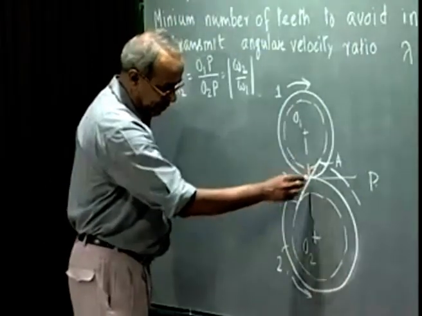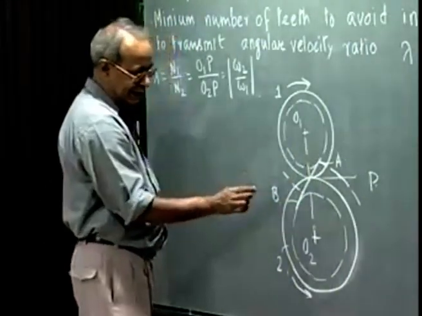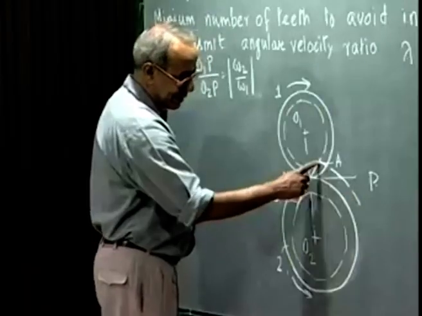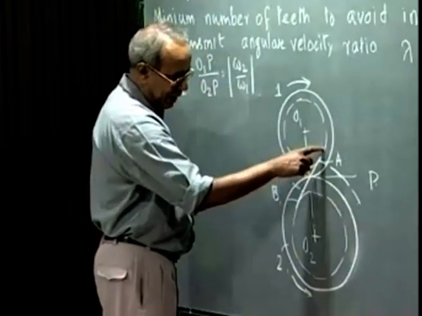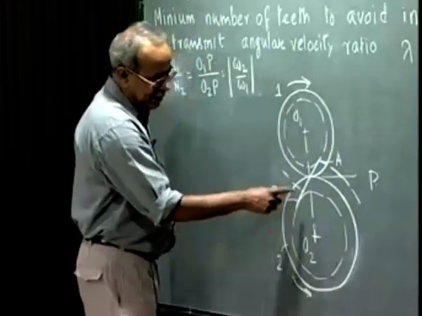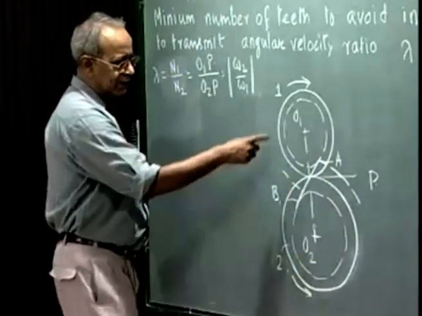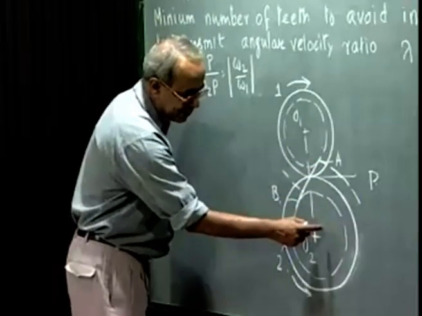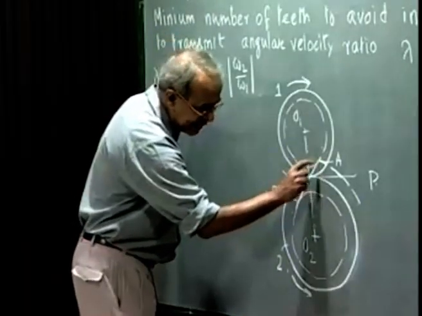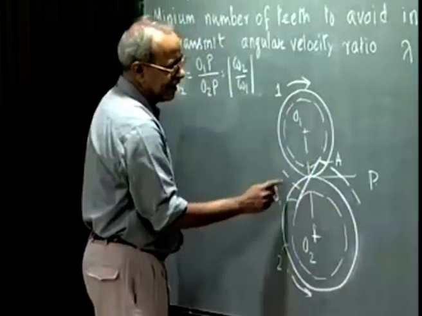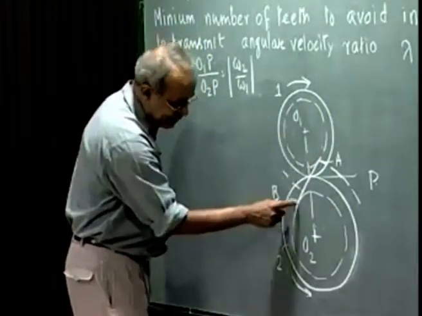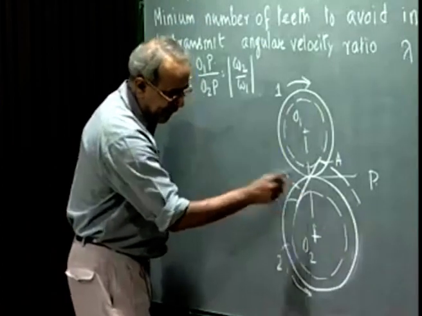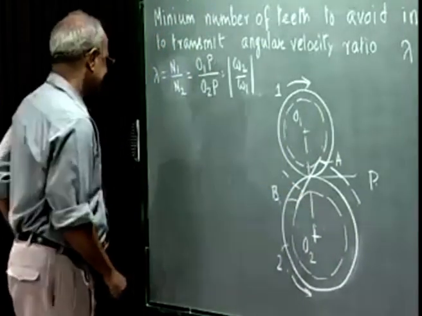The point of contact always lies on this line, so I am only interested in seeing whether the addendum circle intersects AB beyond A or beyond B. So, interference obviously occurs first with the pinion when the addendum circle of the gear just passes through the point A, because even at that time the addendum circle of the pinion does not pass through B, it is still to interfere with this gear.